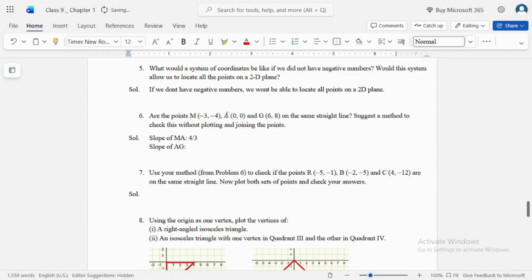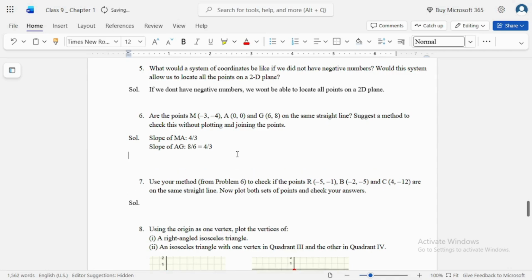Now this is point A, this is point 2. So 8 minus 0 is 8 divided by 6 minus 0 is 6. So this is also equal to 4 by 3 if we simplify 8 by 6, right? Now what is the remaining pair?